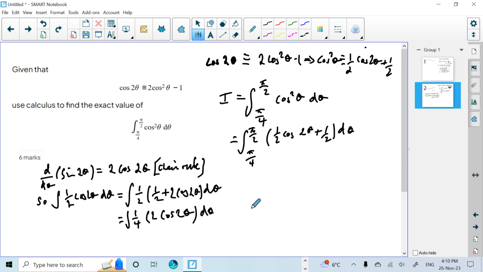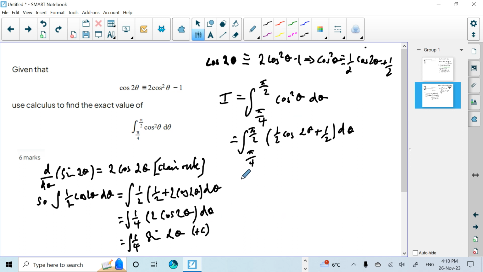That's equal to 1/4 sine 2 theta plus c. Yes, that's correct, plus c. And that's the reverse chain rule.